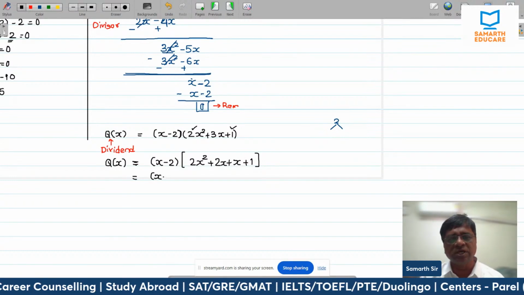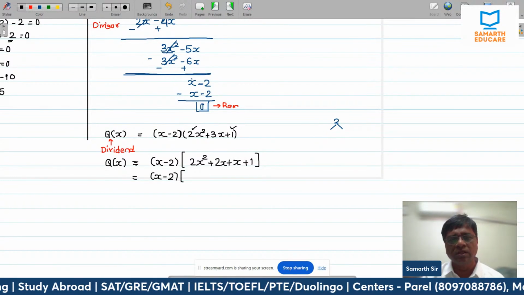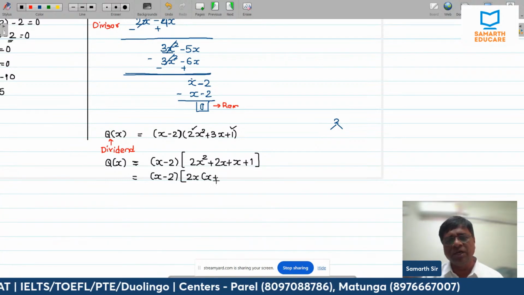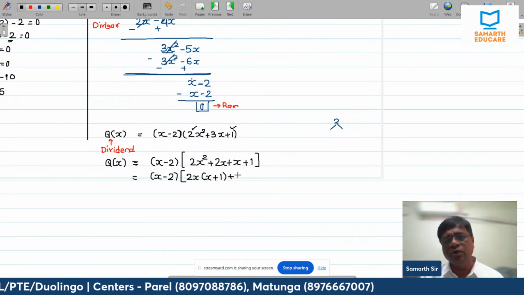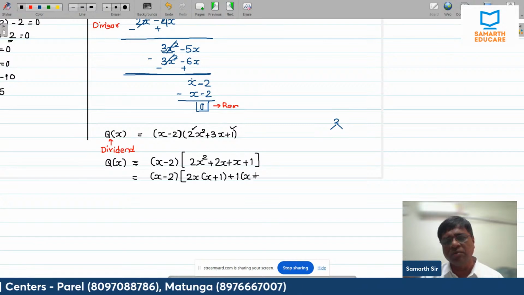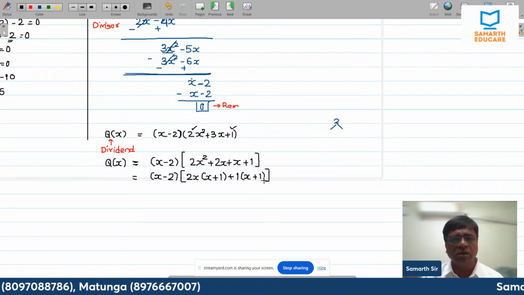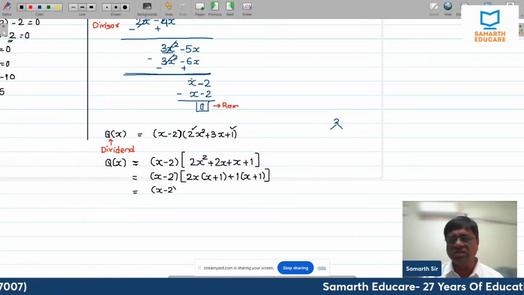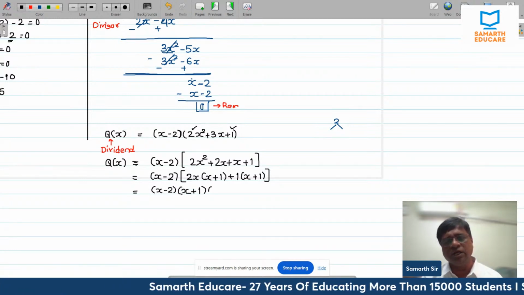So this becomes x minus 2. Take 2x as a common term, in the bracket will come x plus 1. Then from the remaining two terms, take 1 common, in the bracket will come x plus 1. That means my complete factorization is x minus 2, x plus 1 is a common factor, and 2x plus 1.